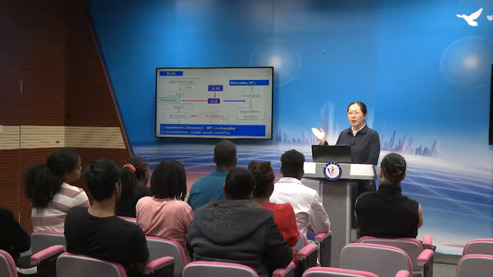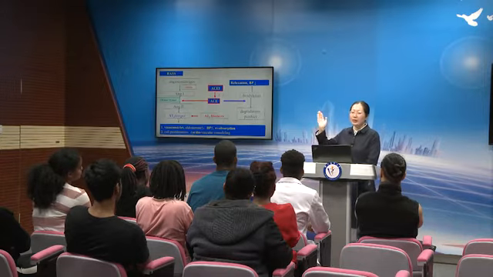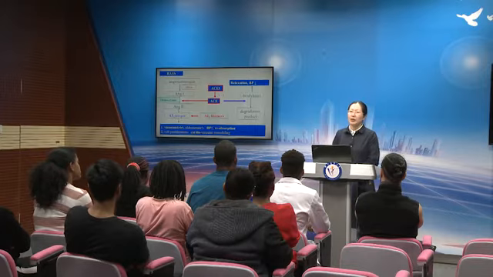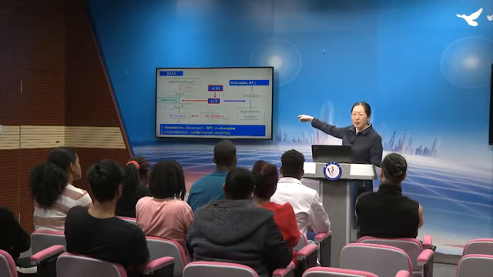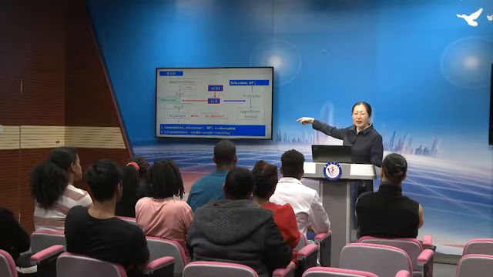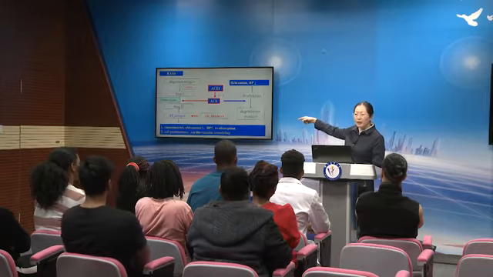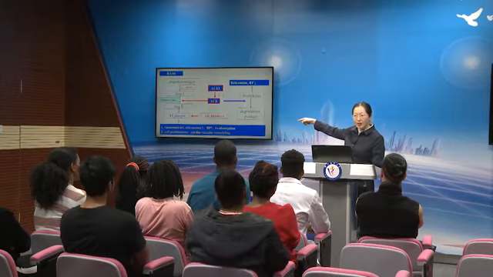So from this picture, we know that compared to ACEI, ARB not only inhibit the main enzyme pathway of angiotensin 2, but also inhibit other pathways, such as the chymase bypass, angiotensin 2's production and function.